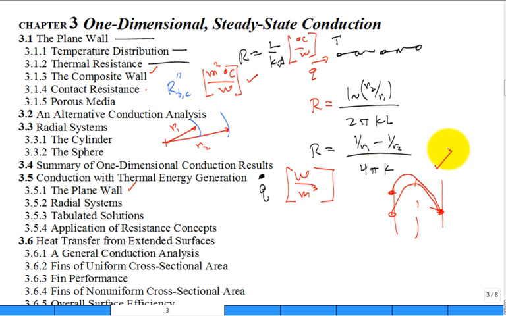Are the temperature solutions available on your equation sheet for that case? Let's say a wall with heat generation. Is T as a function of X available to you during the exam? I should have put it in there. Maybe I'll add it to an equation and write it on the board during the exam, okay?